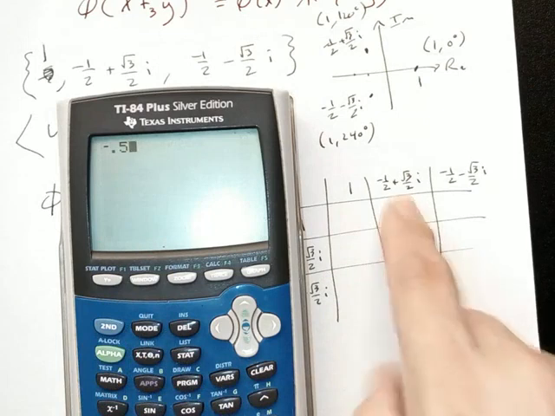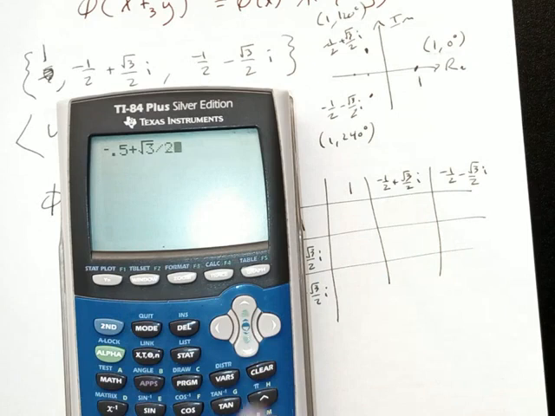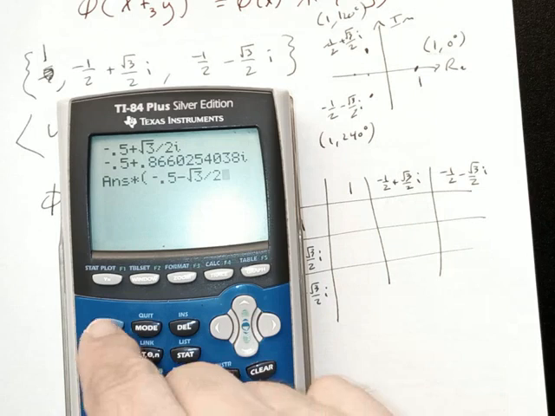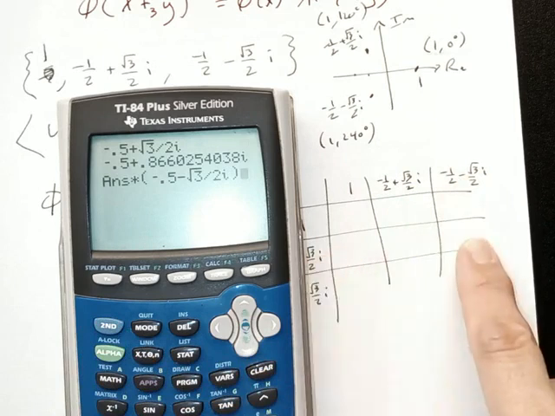Negative 0.5 plus square root 3 over 2 I times negative 0.5 minus square root 3 over 2 I. I'm going to multiply these two together. That'll be this block right here. I don't have to do it by hand.